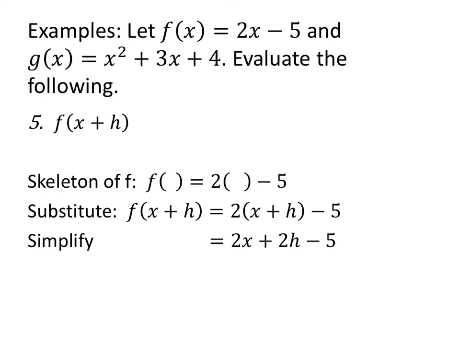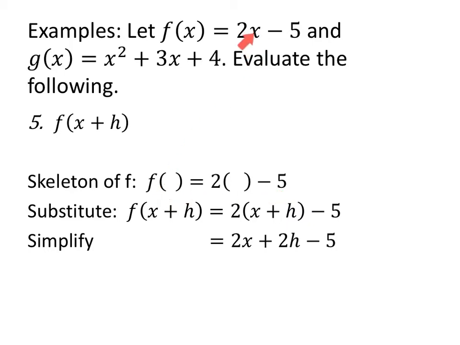But let's make it harder. f of x plus h. So we can evaluate at a number, like we did in the first 3 examples. We can evaluate at a different variable, like we did in example 4. Or we could evaluate a function at an expression, like we are here in number 5. But for me, it always starts the same. I'm looking at the function f. I want to write the skeleton of f.